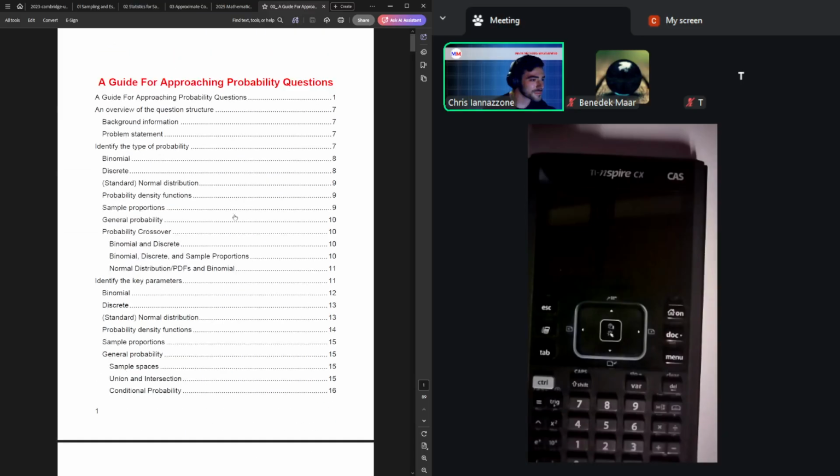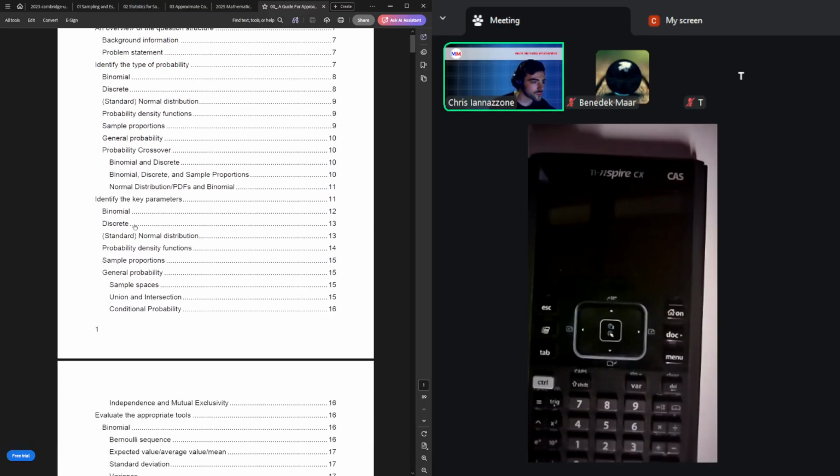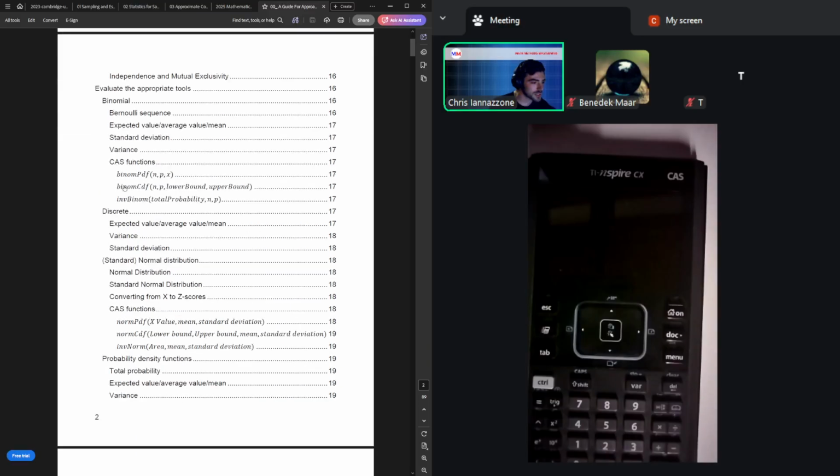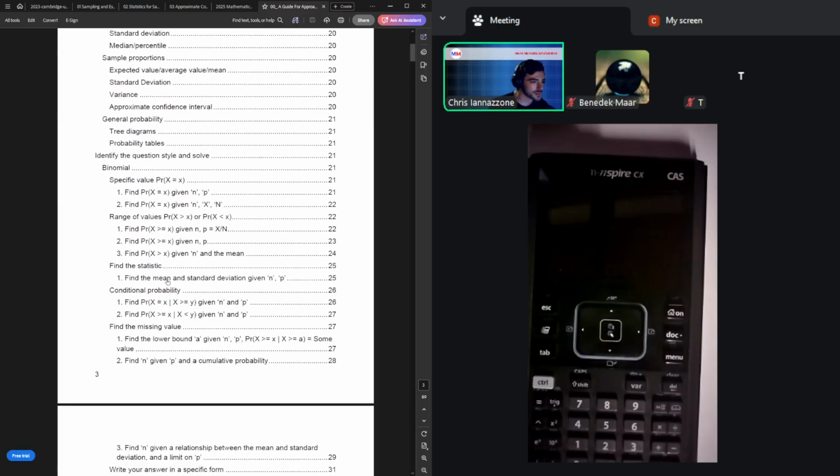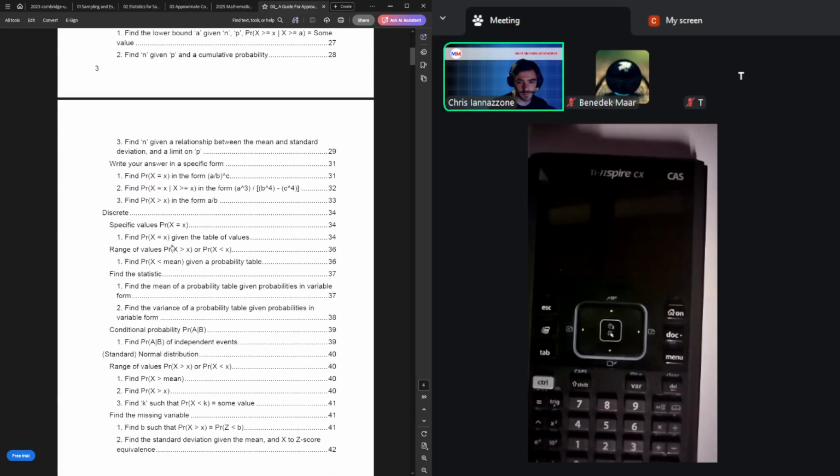So the first third of it talks about the key concepts and things you need to understand about how you break down these questions. The next bit after that are the individual functions themselves, that you use for the CAS or the actual equations. And then everything else from there is examples after examples.